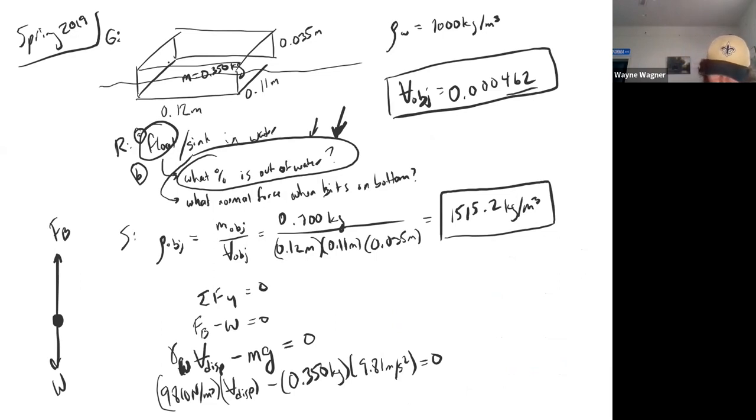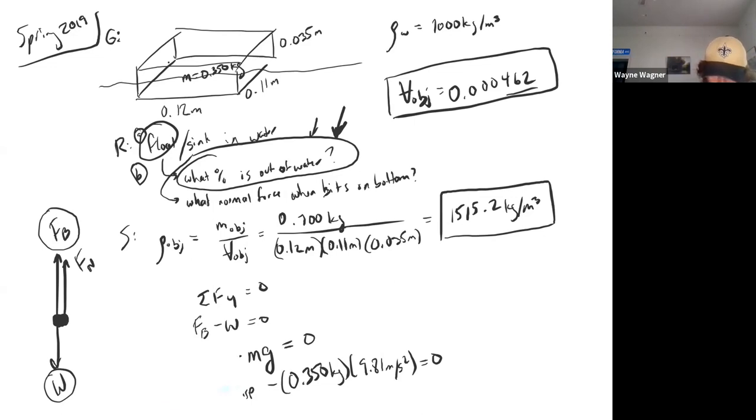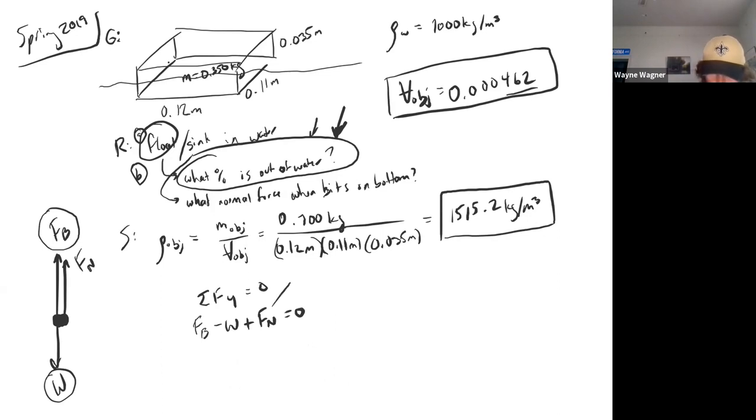And so then at the bottom, we would have the force of buoyancy. We'd have the weight, but we'd also have the normal force, or F sub n, I guess is probably how it's normally written. So then what we'd end up with is plus F sub n equals 0. And this is what we'd be solving for.